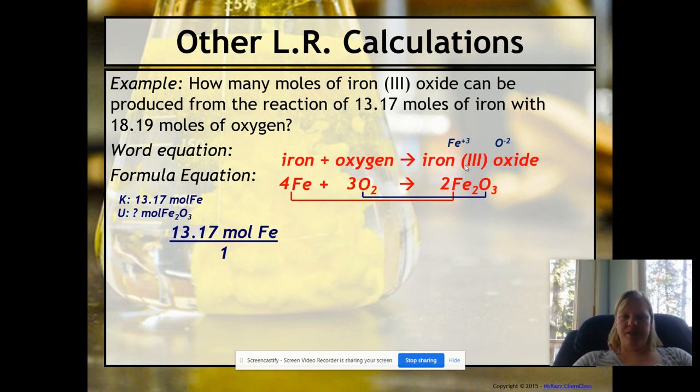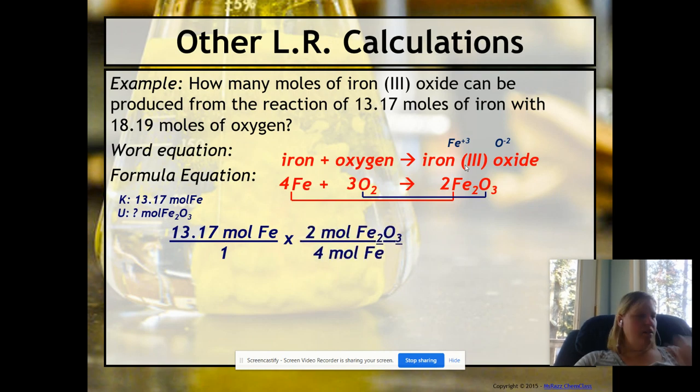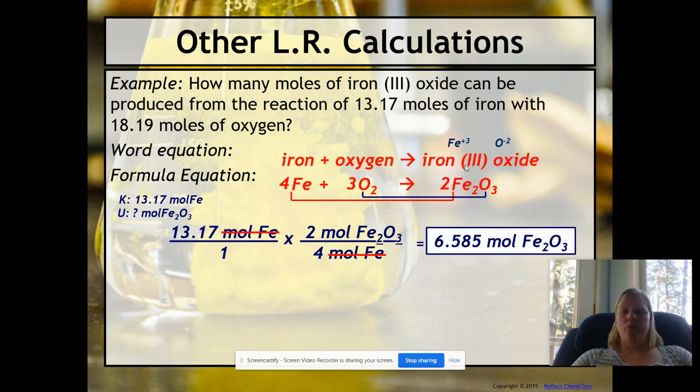We just simply have to use our mole ratio. So there's 2 moles of iron oxide produced for every 4 moles of iron that react. So we can cross that out. We would figure out we are producing 6.585 moles of iron oxide when we use our 13.17 moles of iron.